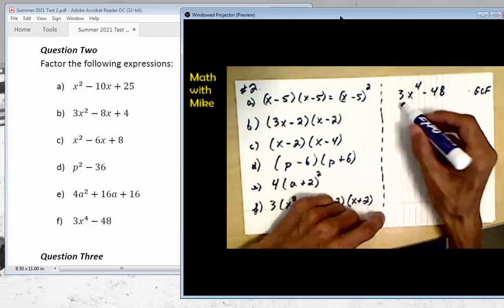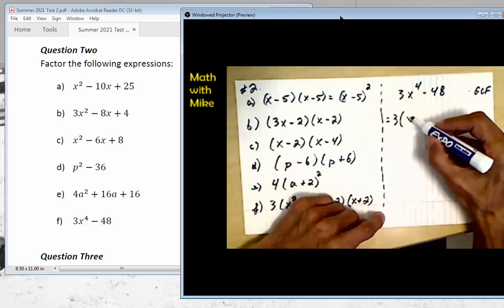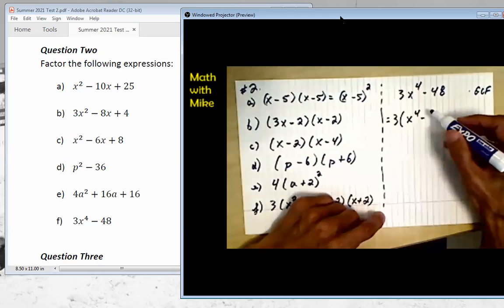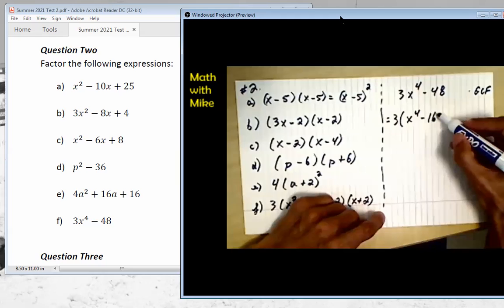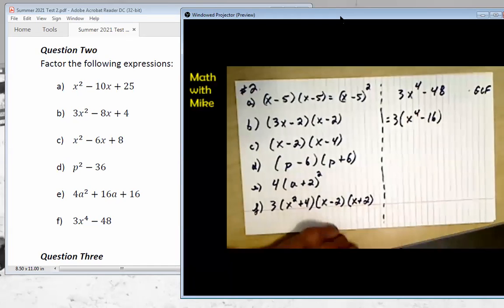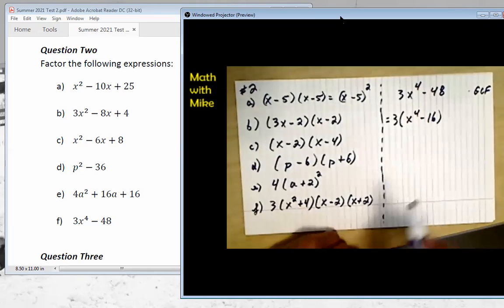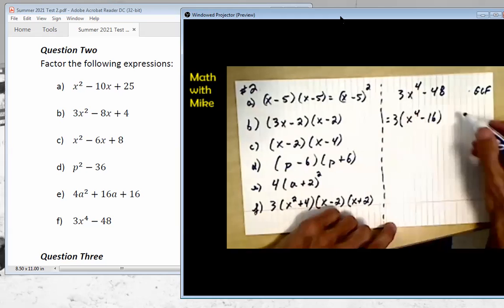Okay, so GCF, we pull it out in front. We do the dividing and get 3 times x to the 4 minus 16 there. Now from here, what you can recognize is that it's a power of 4, but it's actually a difference of squares.